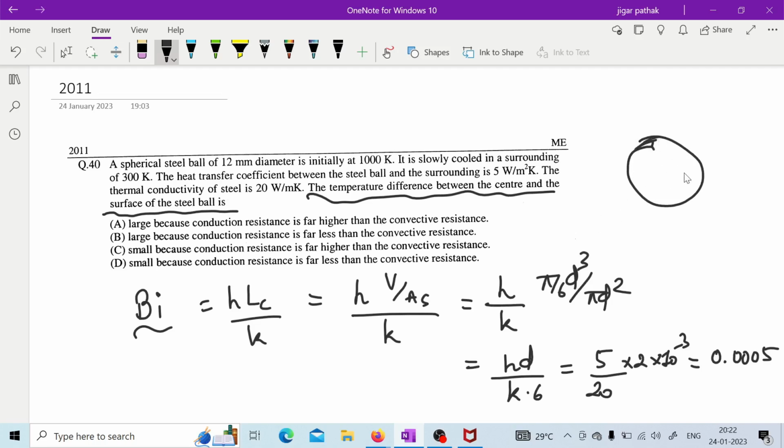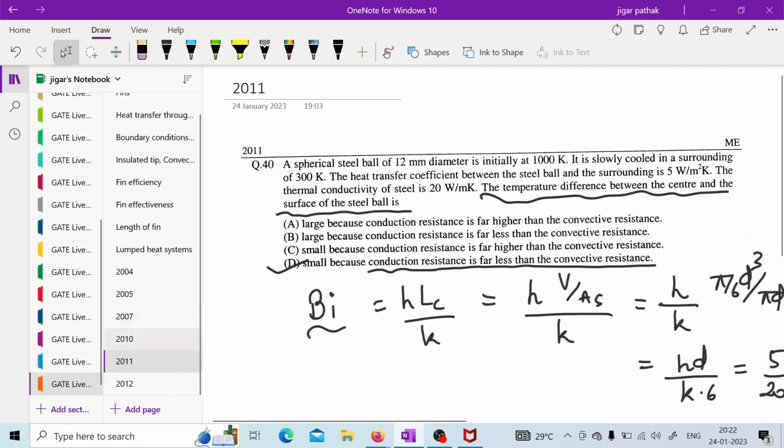It will almost be the same, as lumped parameter analysis is applicable, so the temperature at the center and at the surface will almost be the same. The difference is small because conduction resistance is far less than the convective resistance.